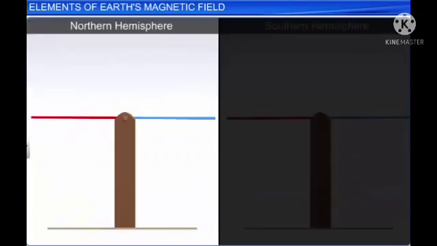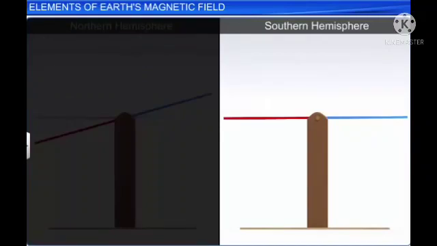If the compass is placed in the northern hemisphere, its north end dips down from the horizontal position. If the compass is placed in the southern hemisphere, its south end dips down from the horizontal.